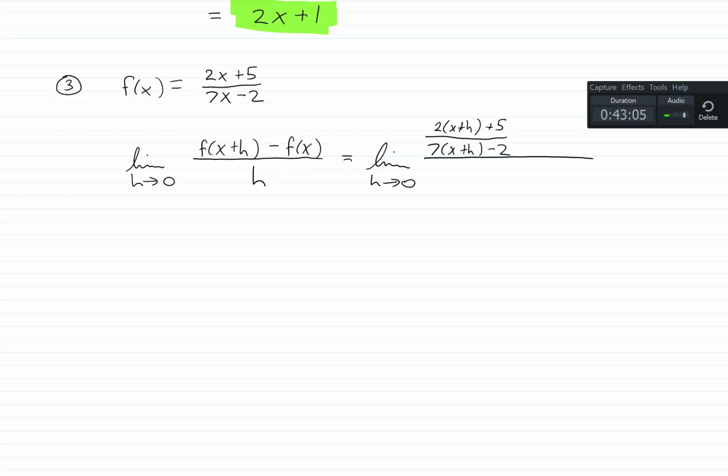Okay, so that's f of x plus h. And then what comes after that? Minus f of x, which is 2x plus 5 over 7x minus 2. And then what's on the bottom of that big fraction is h. So that's what we're being asked to find right there.